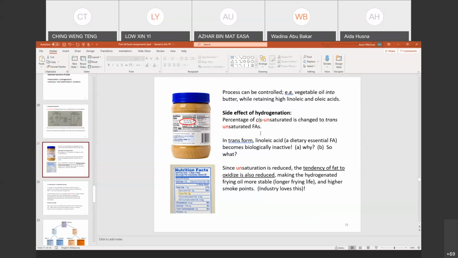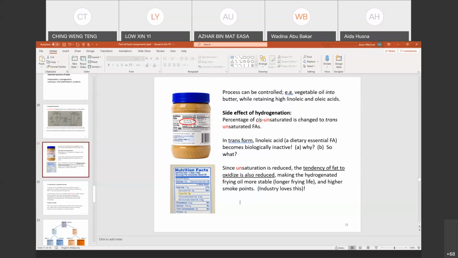I think by now you should be aware that people are no longer crazy about trans fat. Sometimes you see products stating no trans fat, meaning that they do not do this kind of hydrogenation. So now, if you want to buy peanut butter or some kind of oil products, that's the kind of information you should carry with you. Does it have trans fat? How much trans fat? You want it to be 0.